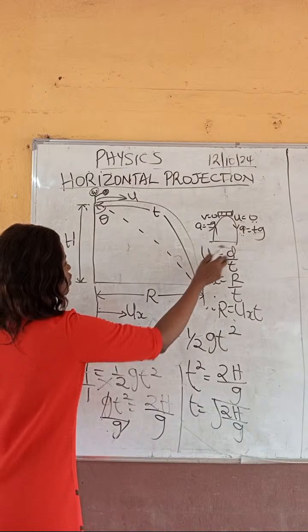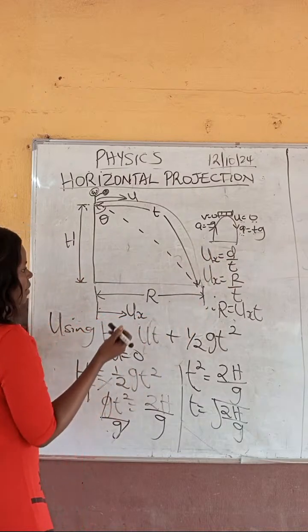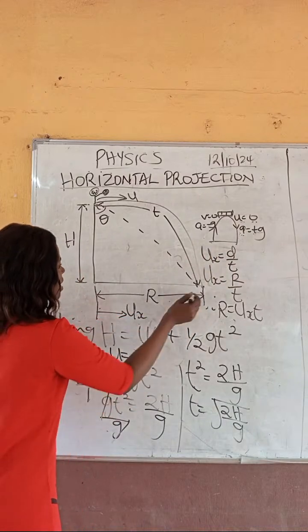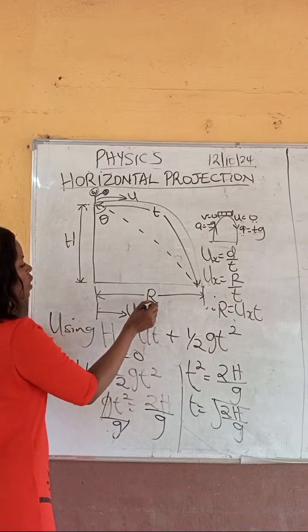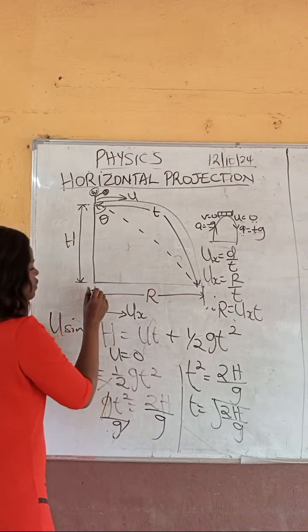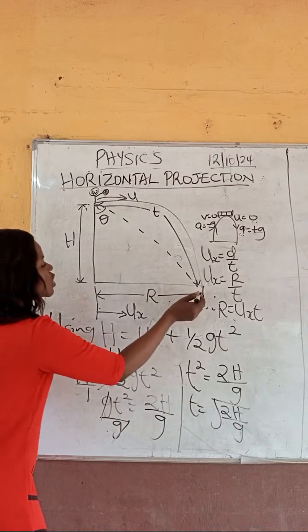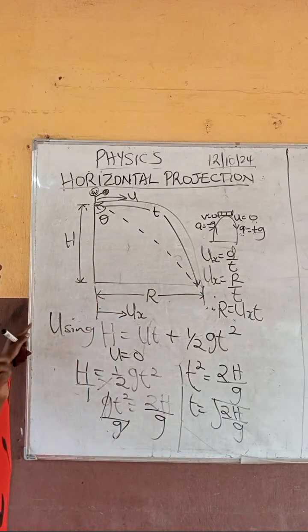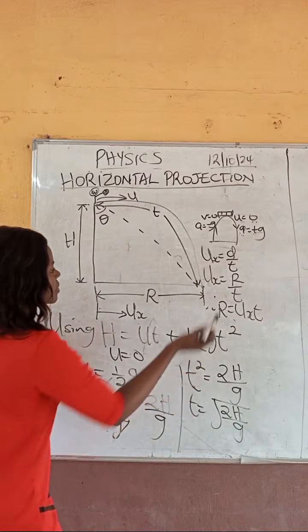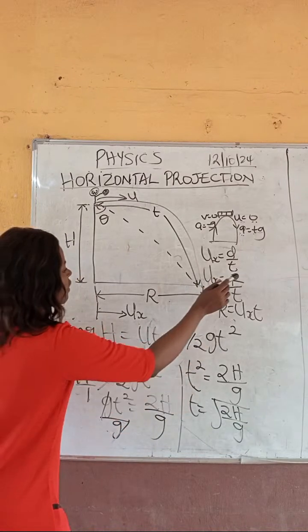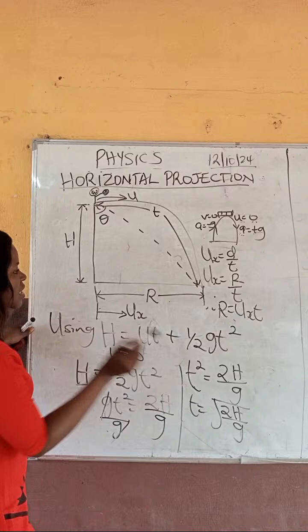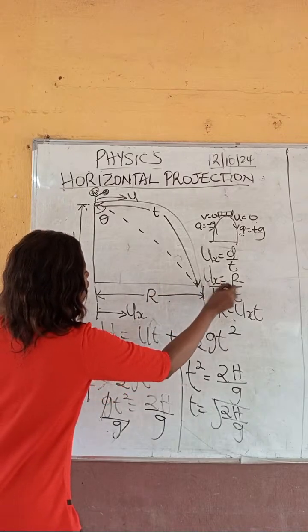Velocity or speed is equal to distance over time, right? Now, the distance here, we are considering to be the range, which is the horizontal distance from the point of projection to the point where the projectile hits the projection plane again, over time. Now, if I'm looking for the horizontal distance, which is the range, I'll just cross multiply.